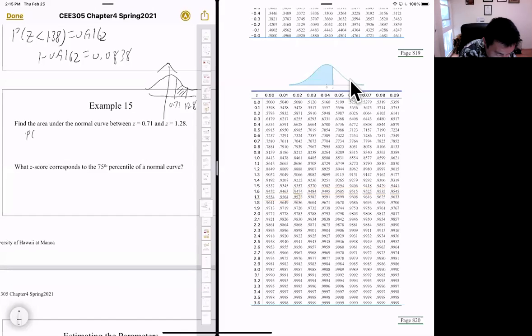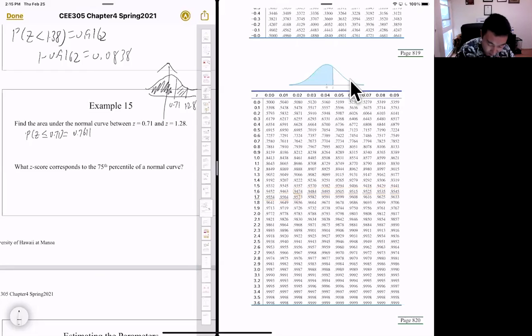So P(Z less than 0.71) is 0.7611, and that is this area.